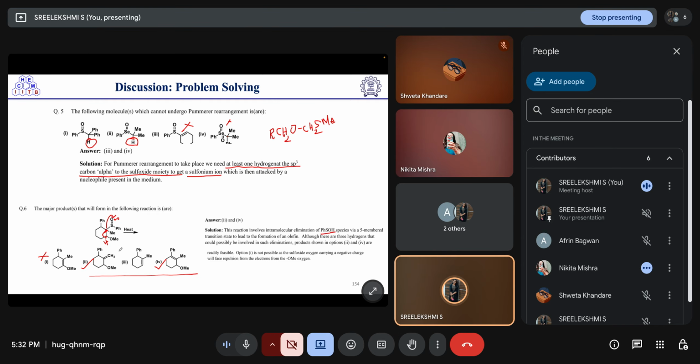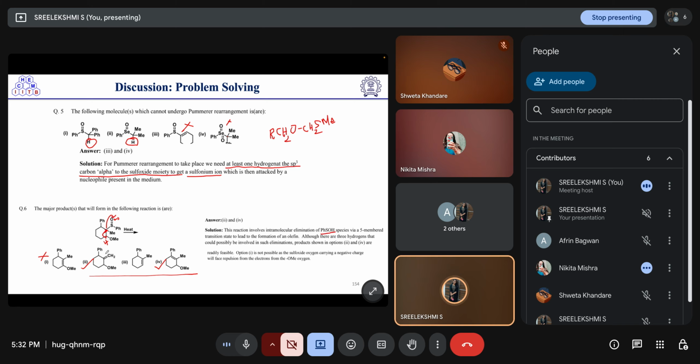If we leave this one, rather than proton elimination, what if OMe is going? Is that possible? Because in this elimination, this bond will polarize and this O minus will take up something positively charged. Here it is taking a proton, but this OMe is already OMe minus.